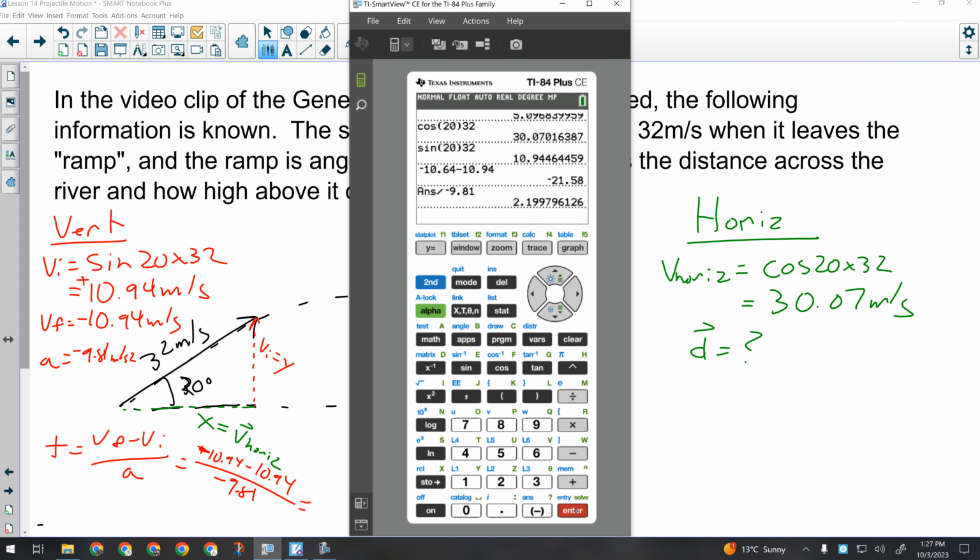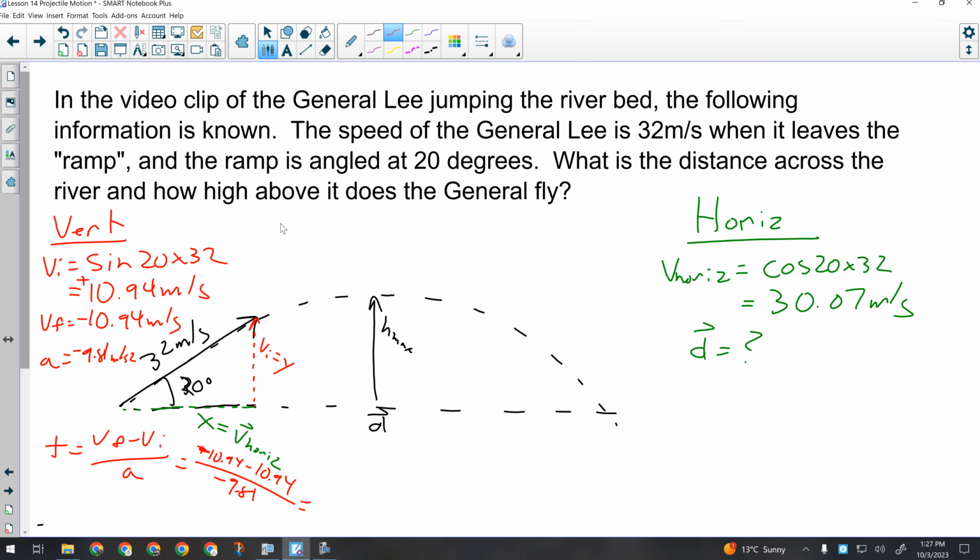Okay, so generally that is going to be, whoop, I said 10.64, I meant 10.94. Sorry, 2.23 seconds. Okay, can that number go here?